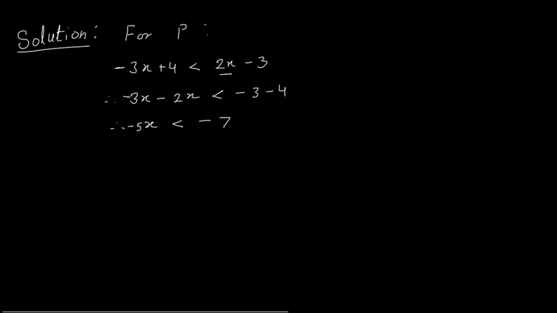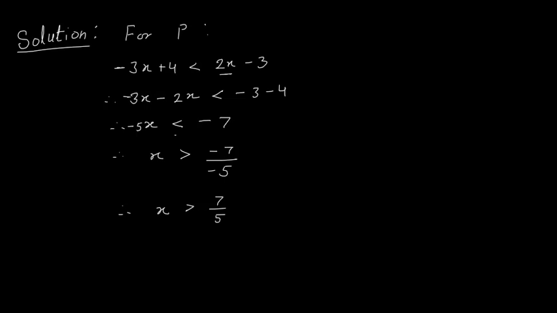And therefore, I have x greater than -7 upon -5. You can observe this sign I have changed from less than to greater than. You know why? Because I have divided both the sides by -5. So I have x greater than 7 upon 5.